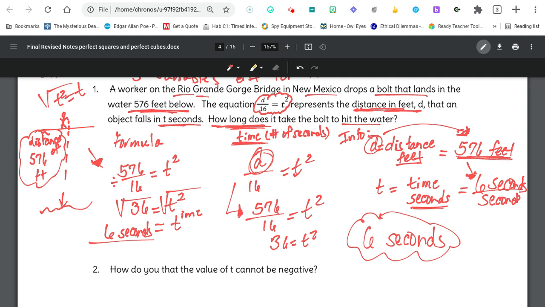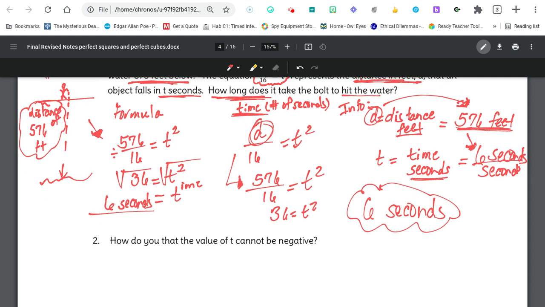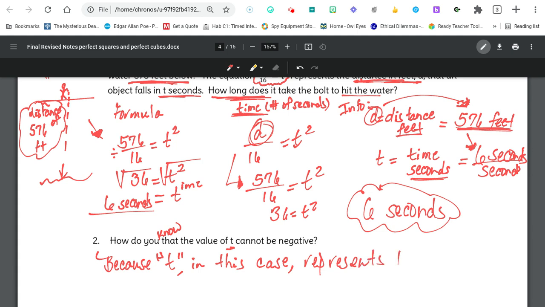All right, number 2 says, how do you know that the value of T cannot be negative? Because T, in this case, represents time.